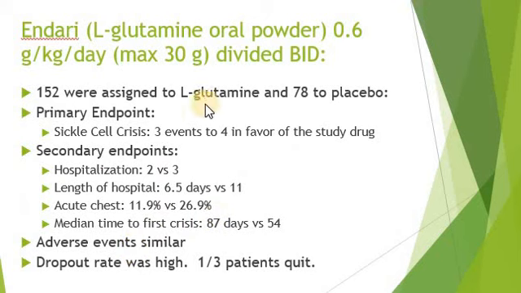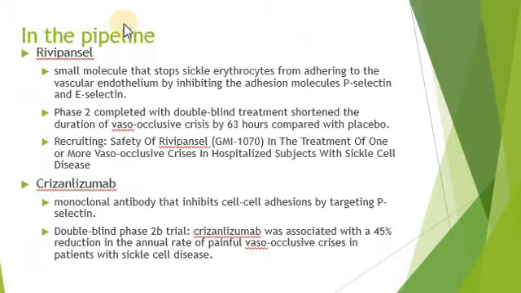Adverse effects are similar to those of hydroxyurea. However, results are beneficial. There are certain other drugs, like voxelotor, crizanlizumab and monoclonal antibodies, that are also associated with reduction of the painful vaso-occlusive crisis of sickle cell disease.